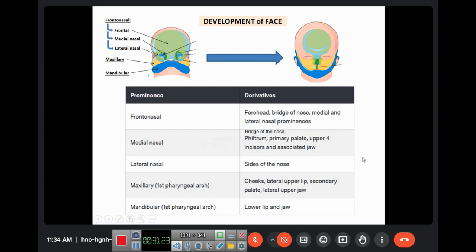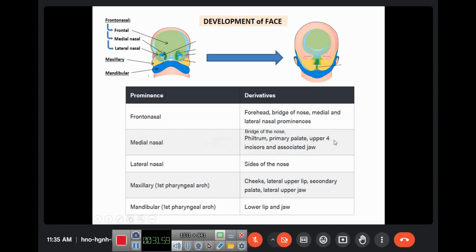So here you see the derivatives of the prominences. So frontonasal prominence will make the forehead, the bridge of the nose, medial and lateral nasal prominences. Medial nasal prominence will make the bridge of the nose, the philtrum, the mid portion of the upper lip, the primary palate, not seen in this picture, and this primary palate will have the upper four incisors and associated jaw.